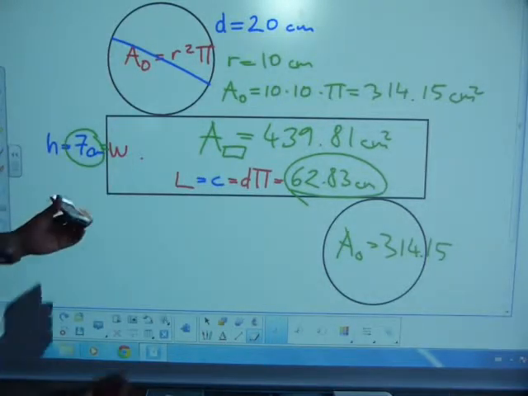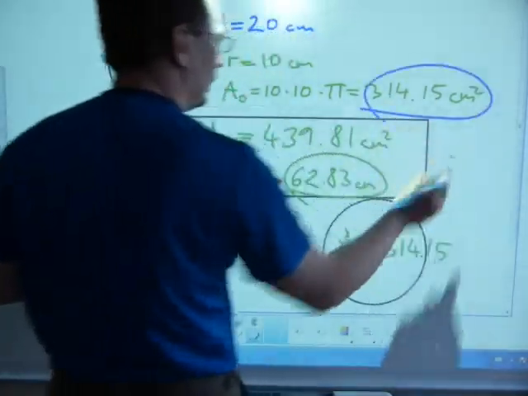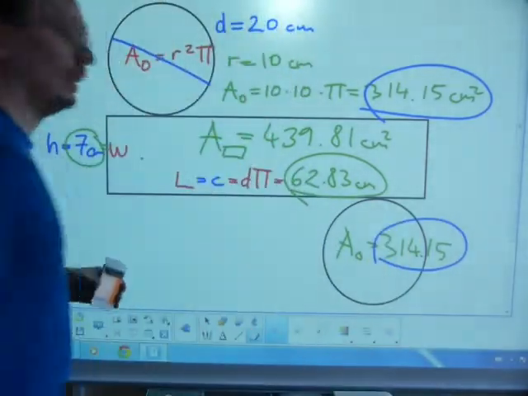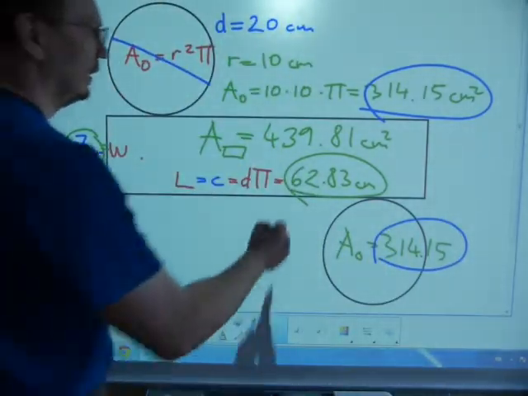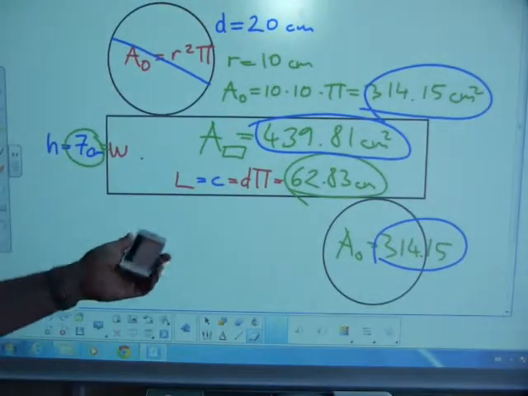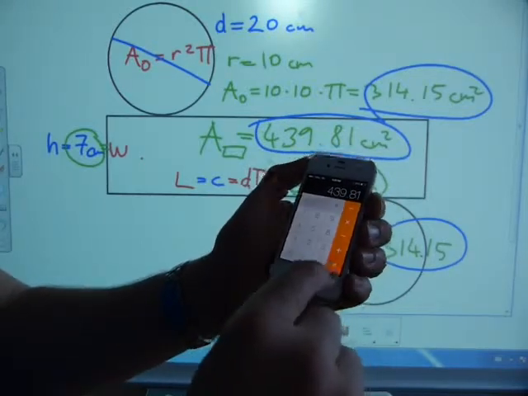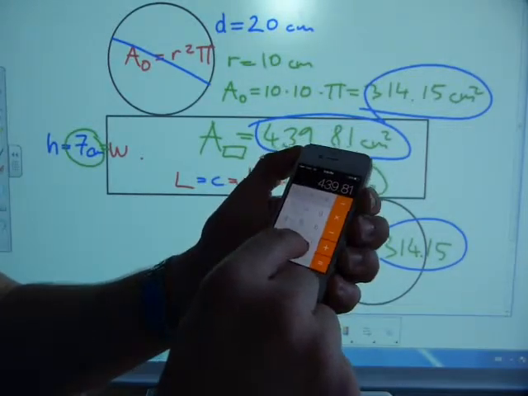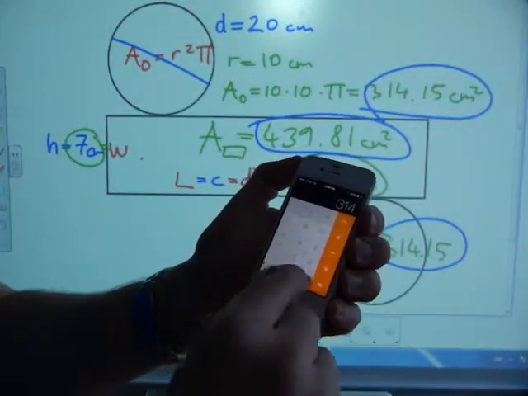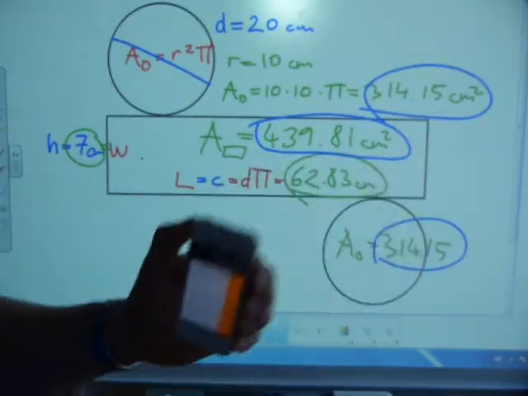What you need to do is add everything. By everything I mean that one there for the area of the first circle, that number there for the area of the second circle, and that number there for the area of the rectangle in the middle. What you do is 439.81 plus 314.15 plus 314.15 equals 1068.11.